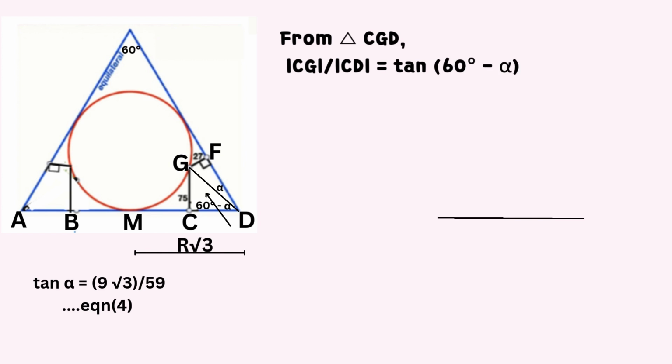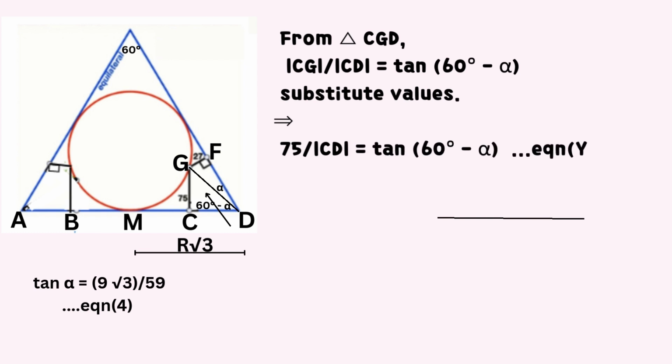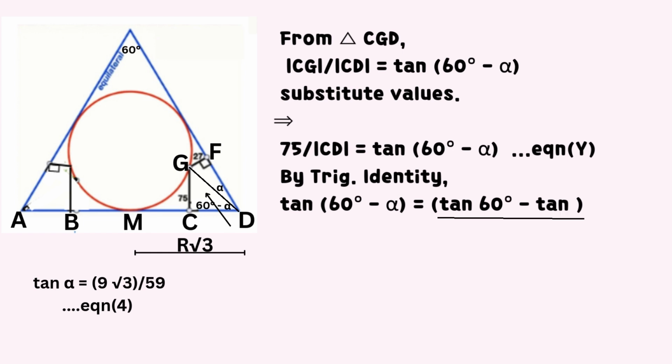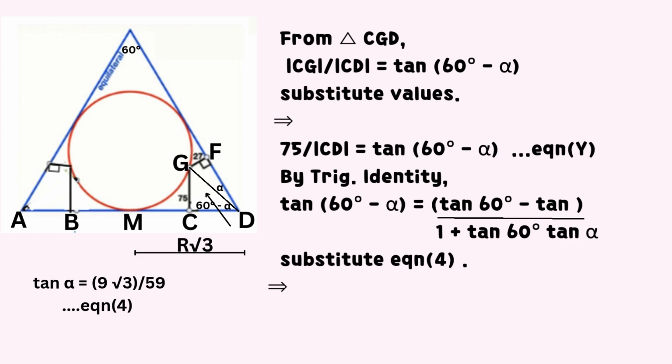From triangle CGD, line CG divided by line CD equals tan of 60 degrees minus alpha. Substitute values. This implies that 75 divided by line CD equals tan of 60 degrees minus alpha. We call it equation Y. Use trigonometric identity to find the value of tan of 60 degrees minus alpha, as shown on the screen.